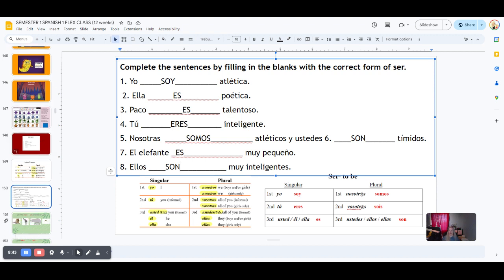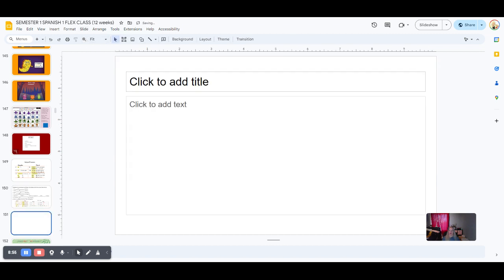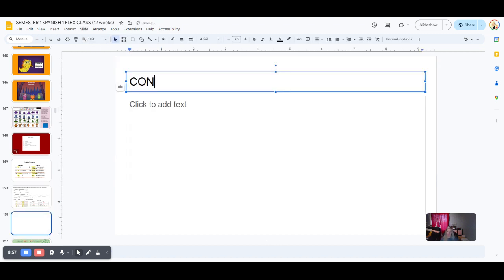If you would like more practice with verbs, there's a site called conjuguemos.com. I'm going to show you real quick here. I meant to put this in. It's spelled like this, and I'll put it in our notes, conjuguemos.com, if you are allowed to go out and practice with your verbs.